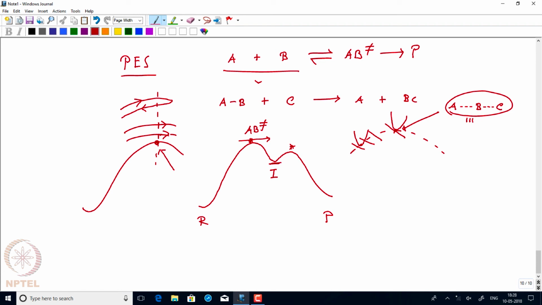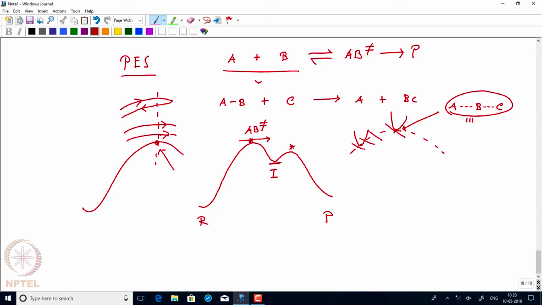This point was made by Wigner, who did all this classical canonical partition function derivation, which we did not derive. We just derived the Eyring model, which is not a very rigorous model, but it is a correct model in the sense that at the end of the day, Wigner's model with all this rigorous derivation also gives you a similar expression.